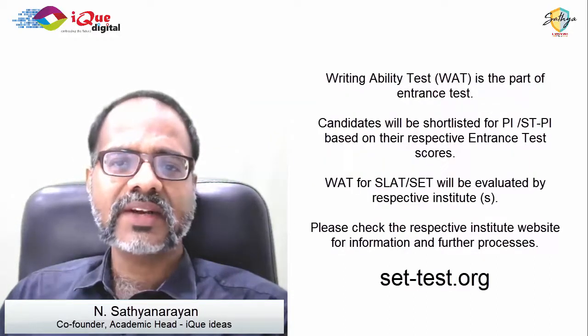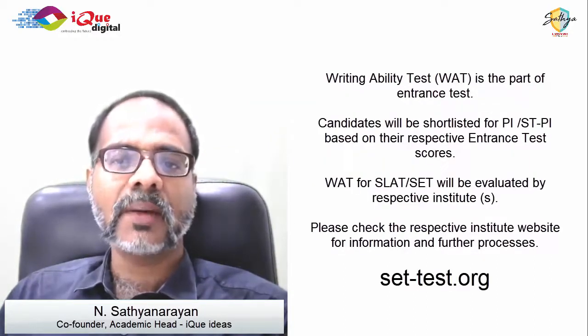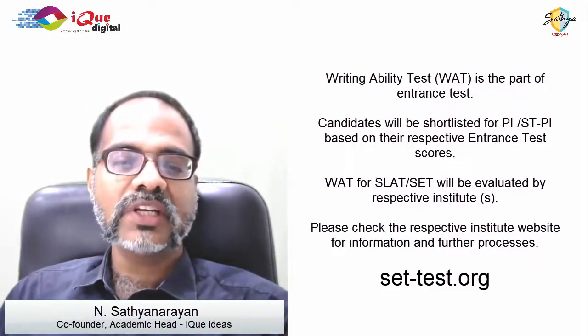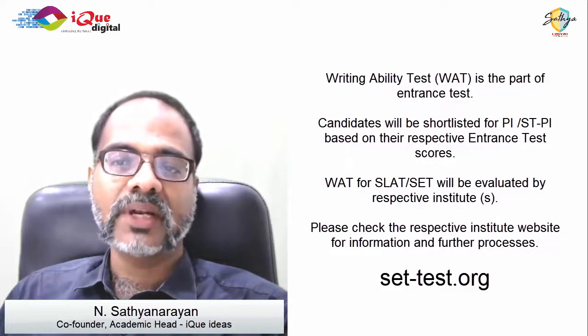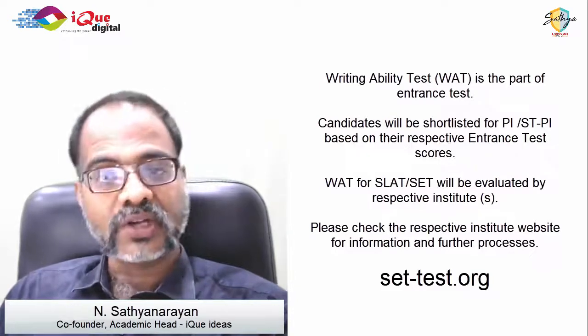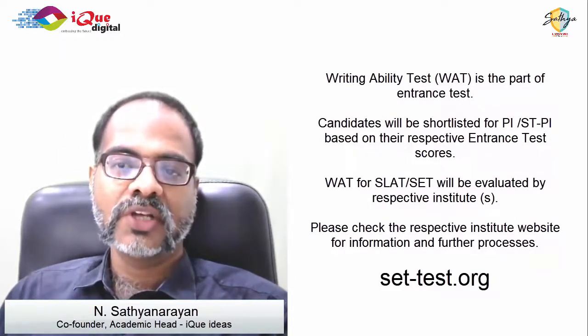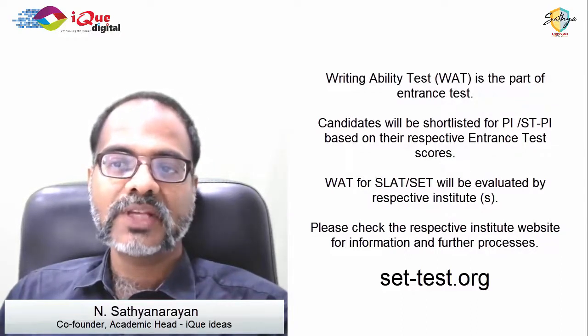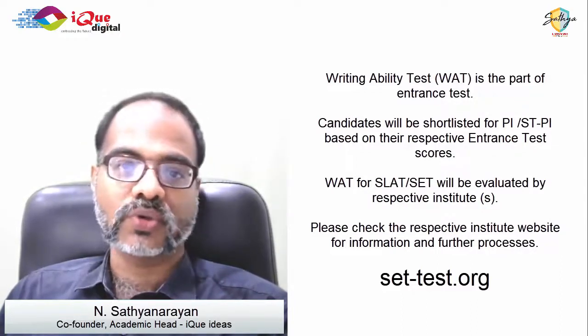The Symbiosis Entrance Test General is a part of a multi-process admission procedure. The shortlisting for personal interaction and writing ability test, that is PIWAT, or a studio test and personal interaction, that is STPI, is a part of this entrance test. So candidates are actually shortlisted for the PI or the STPI based on their respective entrance test scores.